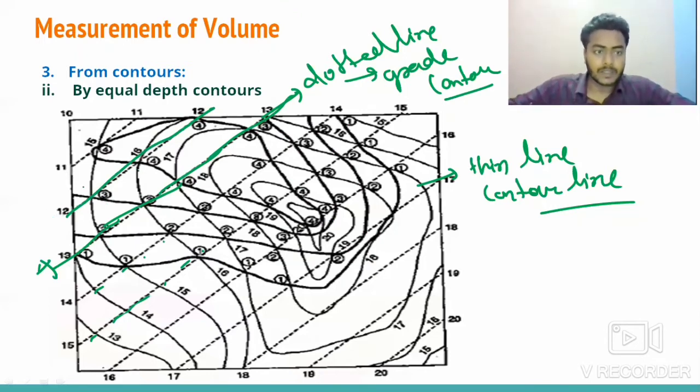Okay. So this intersection between the contour and the grade contour, it gives us the amount of how much depth we can go for the cutting. So equal amount of cutting, if we join a line with equal amount of cutting, so that is shown by the thick line.